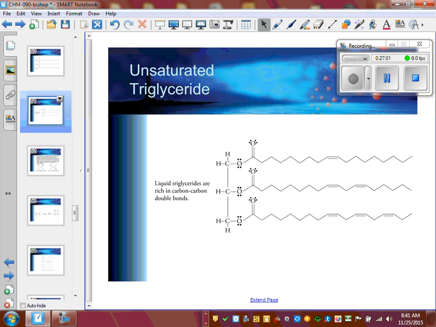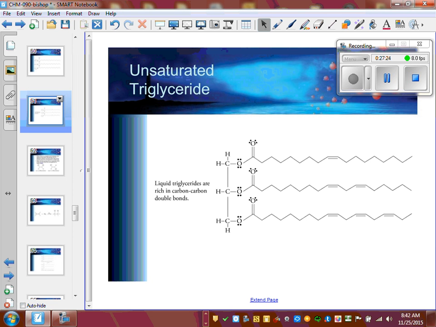When you have a double bond, that's called unsaturation. Carbon-carbon single bonds are saturated. They have all the hydrogens. If you have a double bond or triple bond, that's unsaturated. So here we have an unsaturated triglyceride. It can't pack together as well as a saturated glyceride.